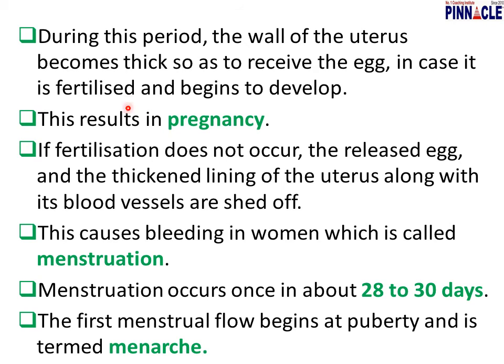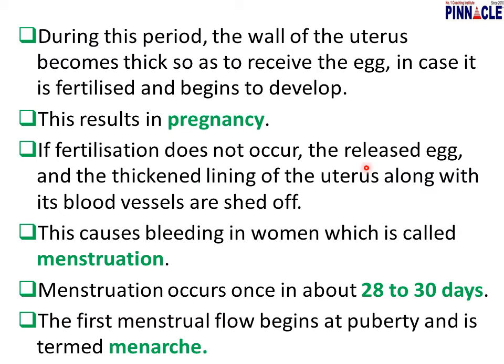During this period, the wall of the uterus becomes thick so as to receive the egg, in case it is fertilized, and begins to develop. And then what will happen? This will result in pregnancy. You can say egg and sperm will fuse and become a zygote, and then the pregnancy concept will start.